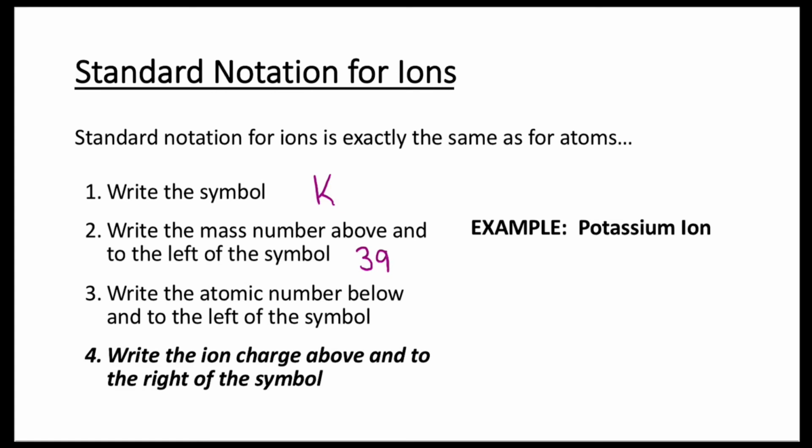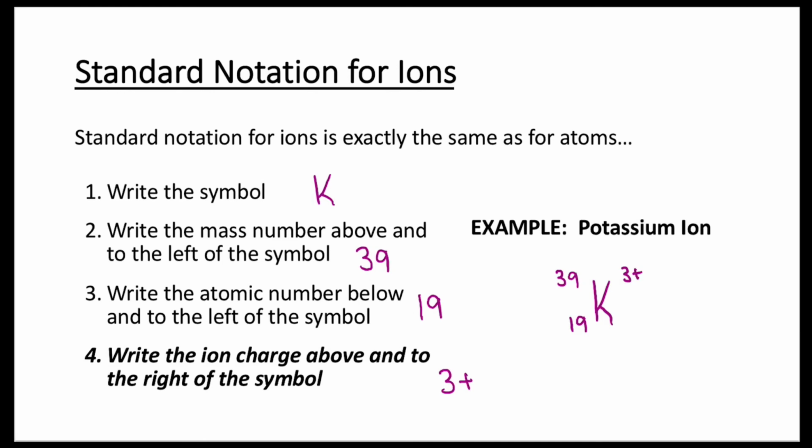And then the atomic number is below, and this is 19. And then we're going to write the ion charge above and to the right of the symbol. So in this case, potassium has a charge of 3+. So it's going to be K, capitalized, 39, 19, 3+.